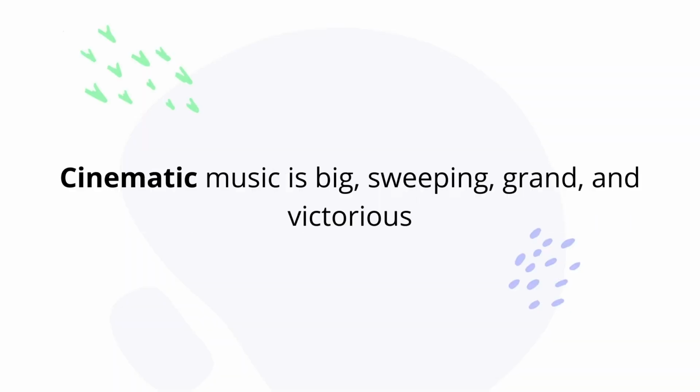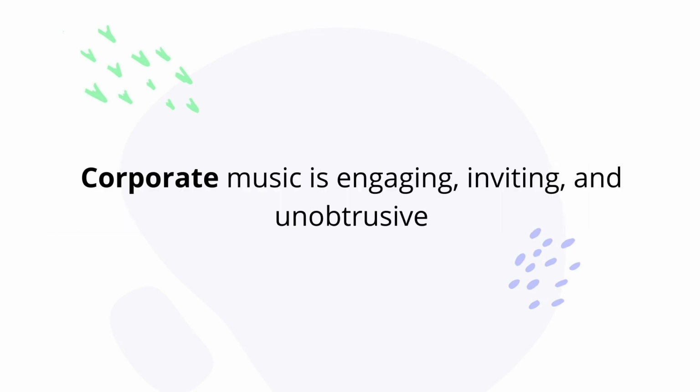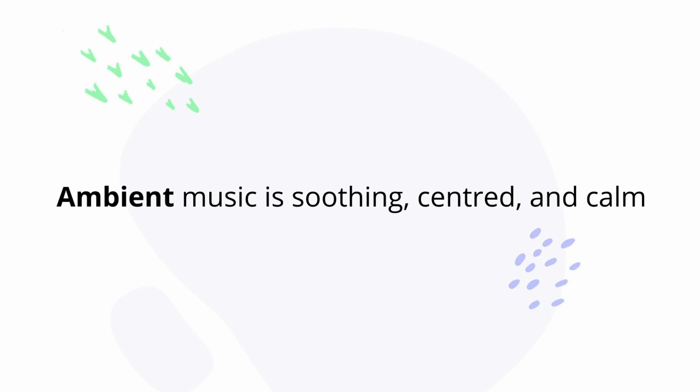Next, we need to figure out which genre of music is best for your video. These are the emotional associations with several different types of popular music. Cinematic music is big, sweeping, grand, and victorious. Corporate music is engaging, inviting, and unobtrusive. Ambient music is soothing, centered, and calm.